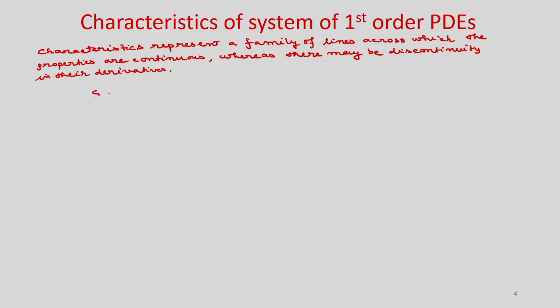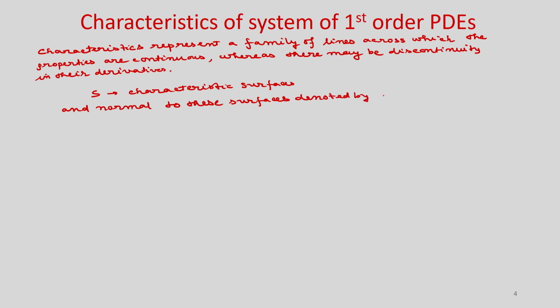So, let us say that S is your characteristic surface, and the normal to these surfaces is denoted by n, where n is equal to n x i plus n y j, okay, for a 2D Cartesian system.